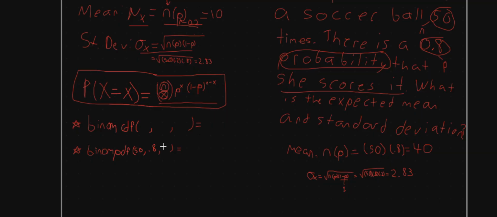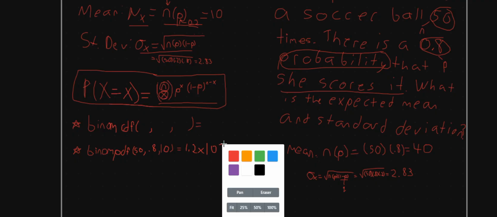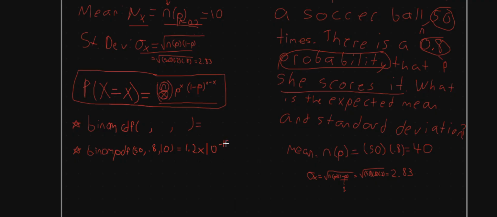If it says exactly the 10th trial, you put that into your calculator and you get approximately 1.2 times 10 to the negative 19.